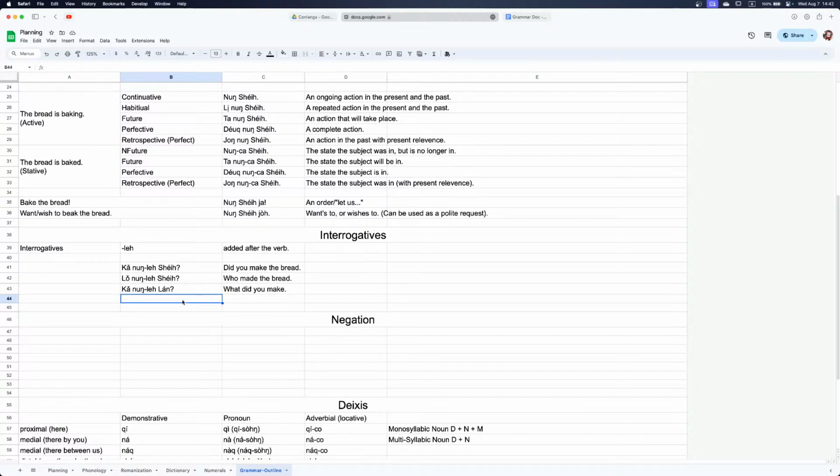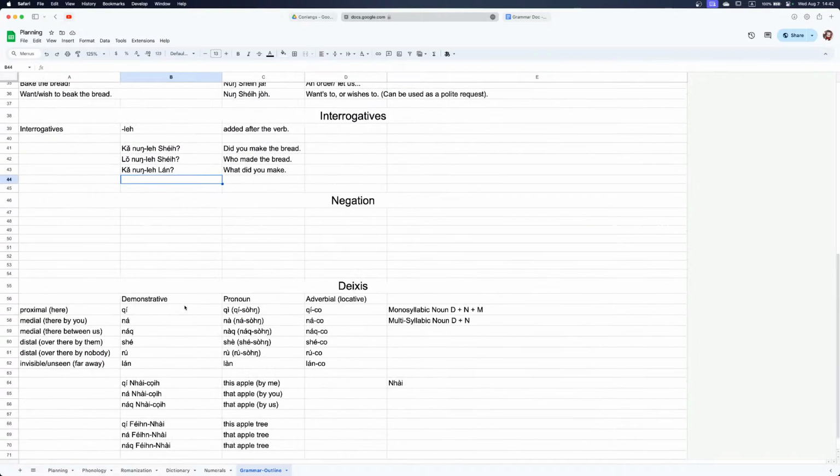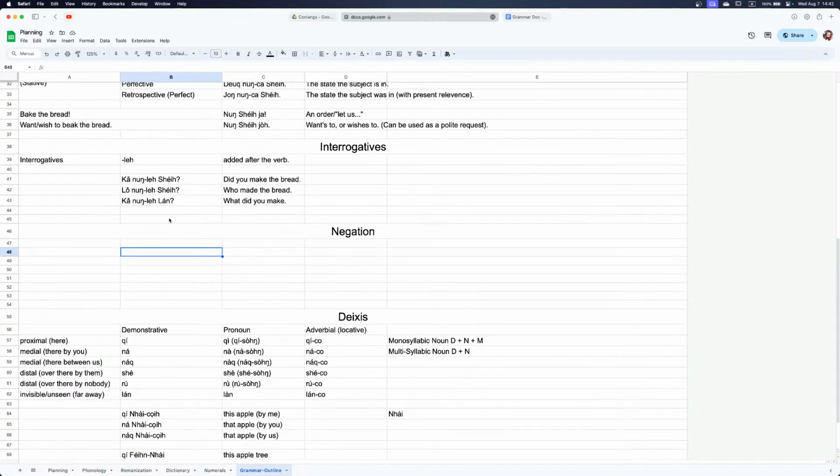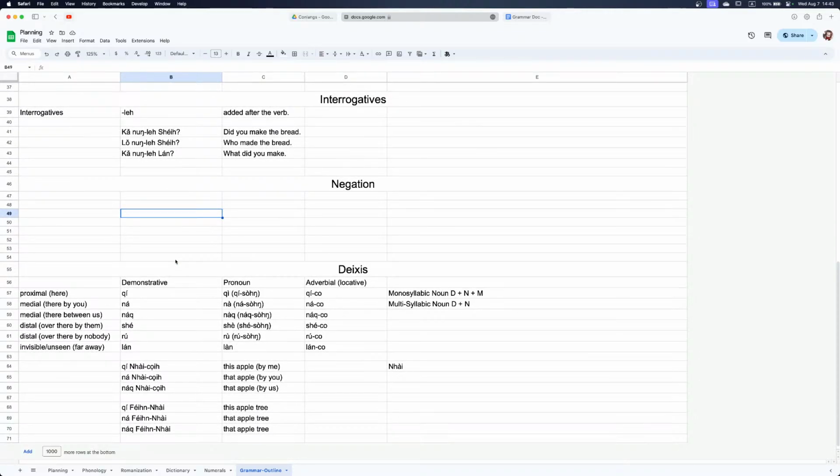And then negation. How do I want to do negation? I could actually mix it up with deixis a bit.